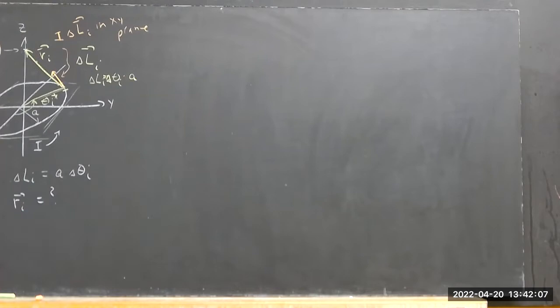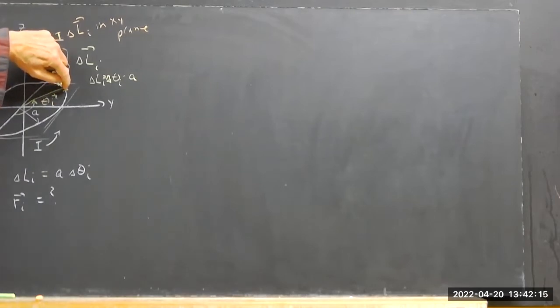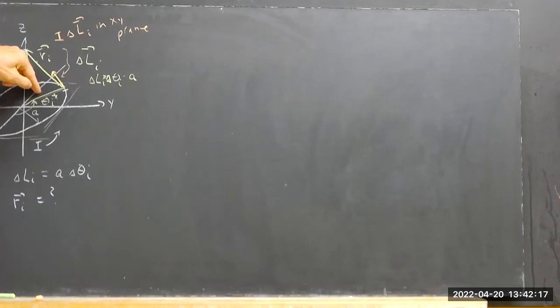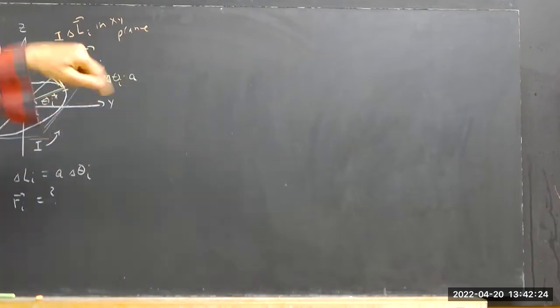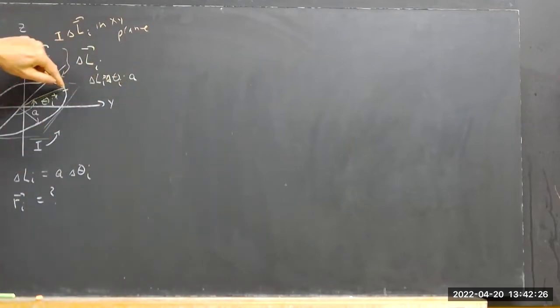What's our R sub I vector? Now to get our R sub I vector, you've got to know the coordinates of this point here on the circle at angle delta theta sub I, or at theta sub I star. Say it right: the point on the circle corresponds to the angle theta sub I star. Okay.